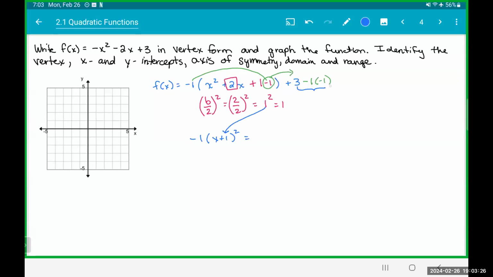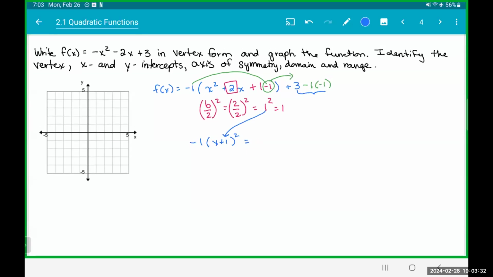Negative 1 times negative 1 is positive 1. So that's going to be 3 plus 1. And that's not an equals, it's just a plus. So plus 4. Okay. So when I completed the square here, I end up with negative x plus 1 squared plus 4. Okay.